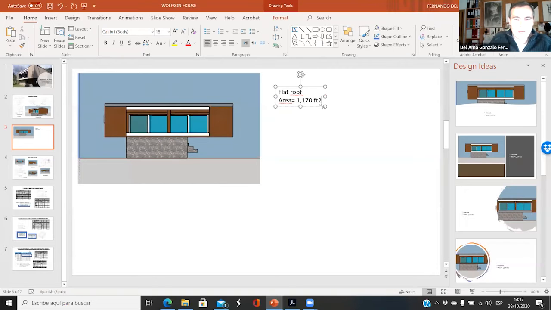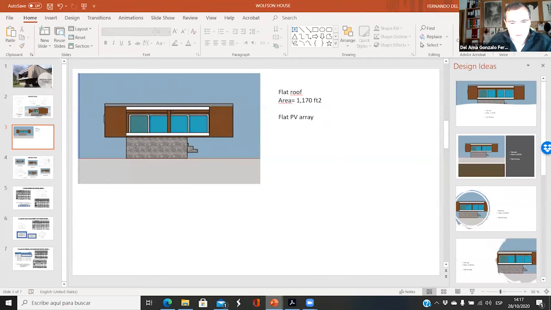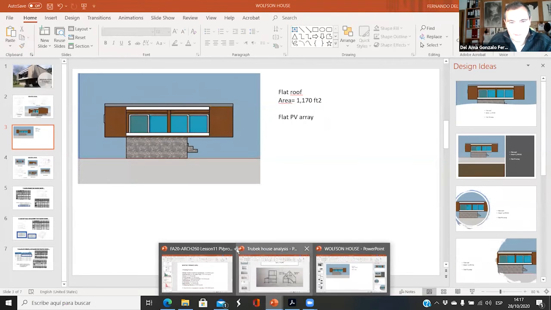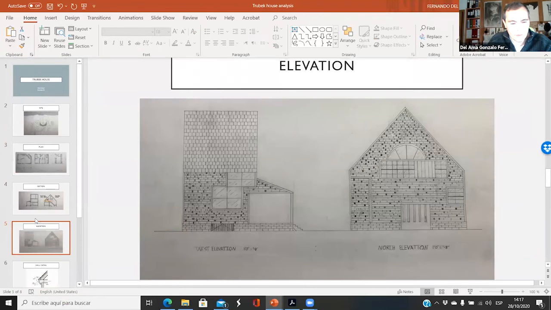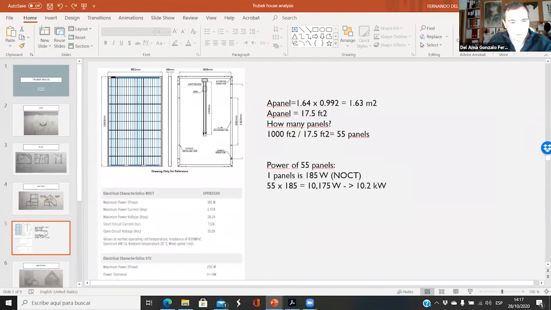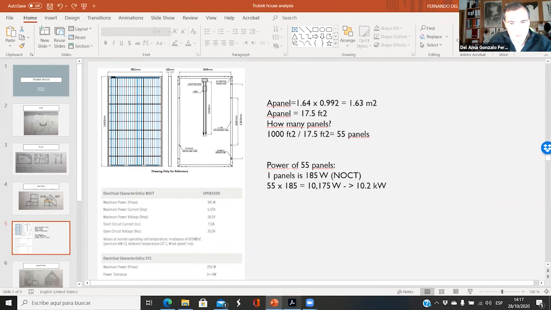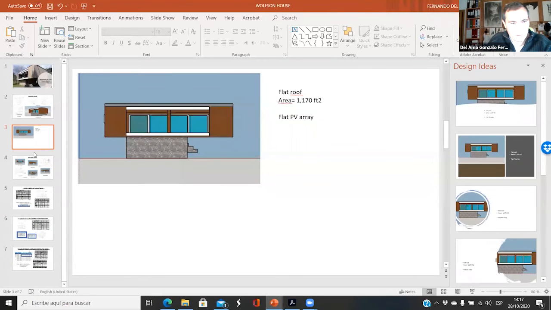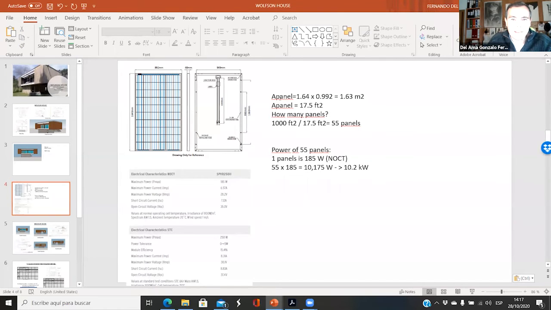So now we can try a flat PV array, because the information about the panels is the same, so we can use exactly the same slide for the panels. There you go. The area of the panel is the same.